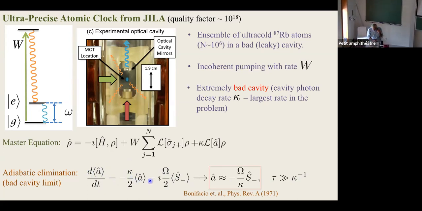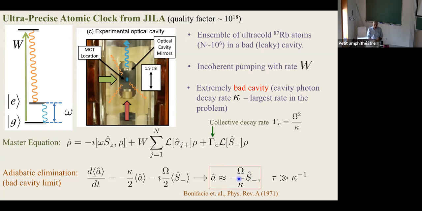In fact, you can show rigorously that at times much larger than kappa to the -1, you can replace this photon annihilation operator with S minus times some constant. This is a well-known procedure in quantum optics known as adiabatic elimination. Then we get an equation that is entirely in terms of spins, where this gamma c is the collective decay rate.